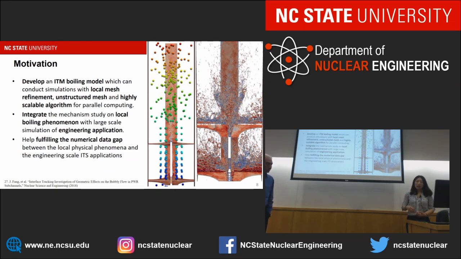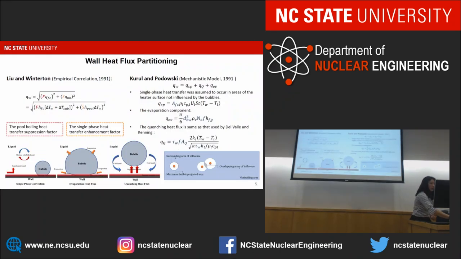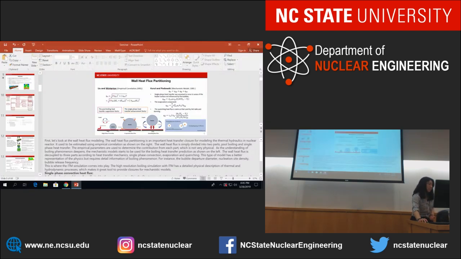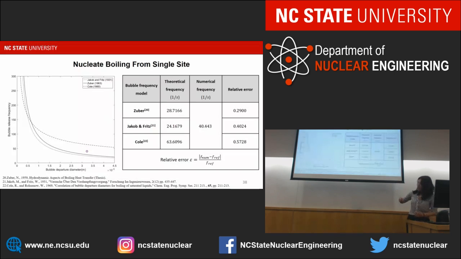But I want to emphasize here that this is a validation case. So we try to make sure our model is correct. We compare it with correlations. Because the correlation only gives one point, we have to somehow convert the high resolution simulation data to one point to be able to compare with the correlation.